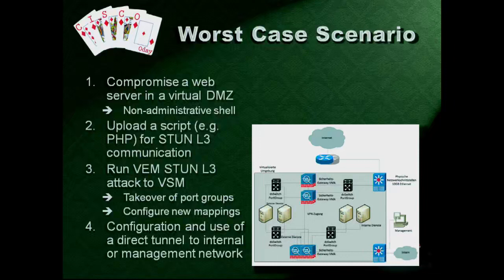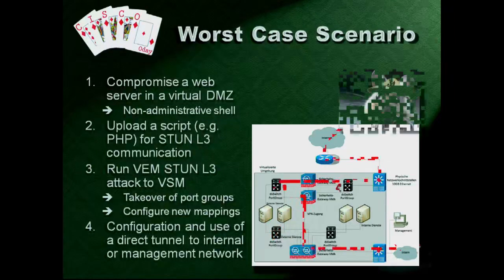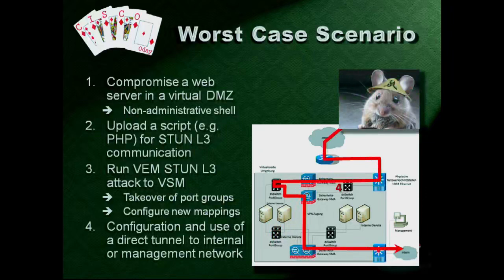And one of them actually uploads a new PHP script, which sends one UDP packet. So he owns the web server. Sends one UDP packet to the virtual switch element, takes over that port group, and builds a tunnel into the internal network. This is the Chinese RAT, remote administration tool.